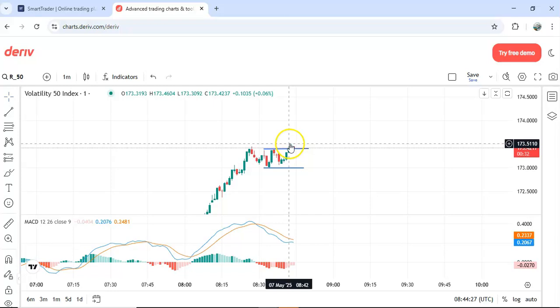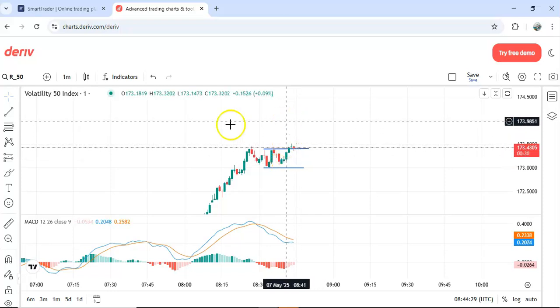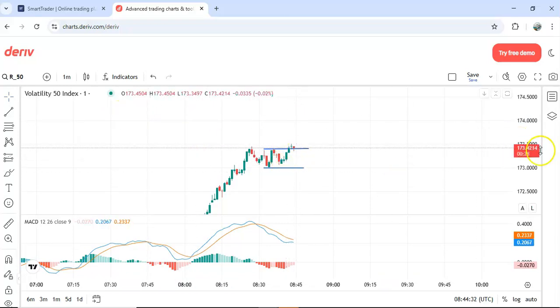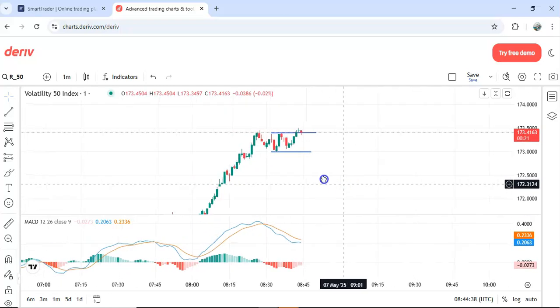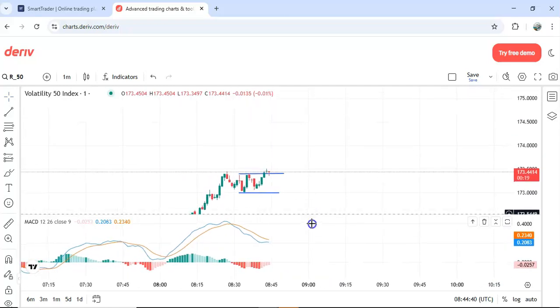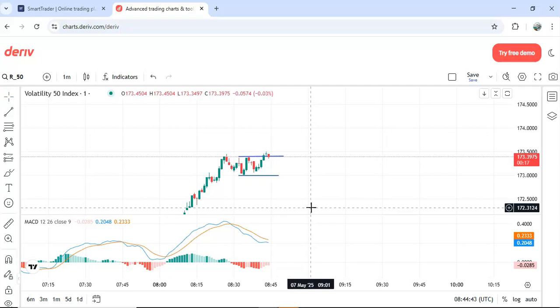So if it chooses to come back here, it might fill in this gap and then continue going up. You can see it tried to pass this area to break the structure, but it didn't continue, meaning the market is still going up. So I'm waiting for this candle to close so that I can enter the market.